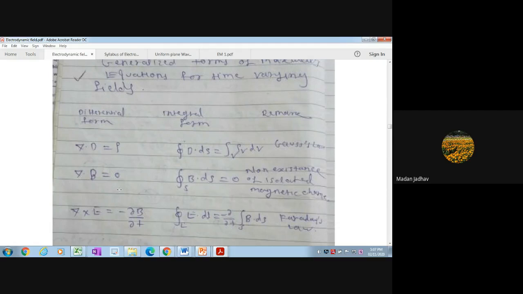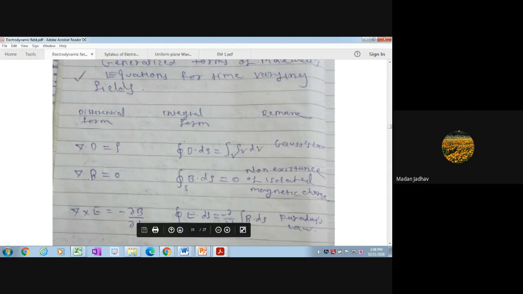They are not terminated at particular points, and therefore the divergence of B at a specific point is equal to 0. That is the meaning of this Maxwell equation.